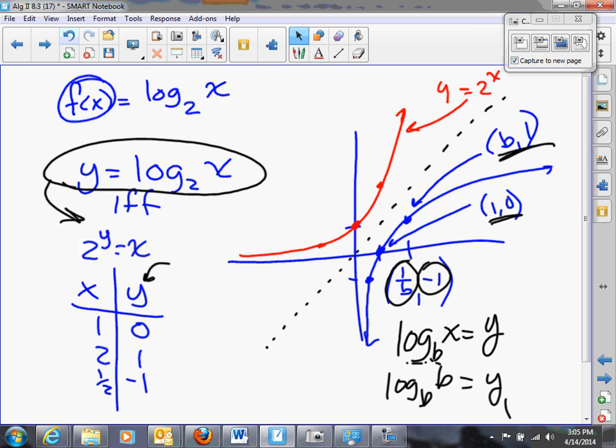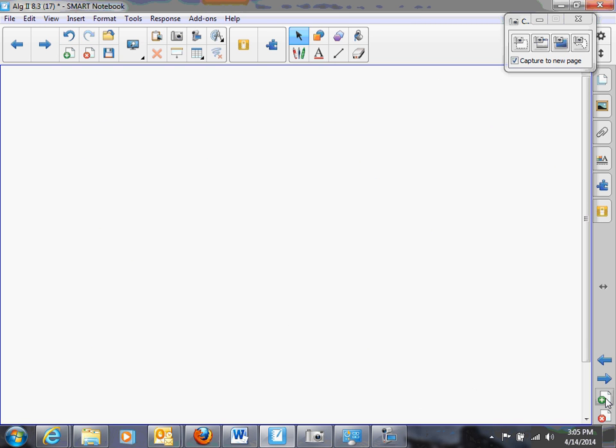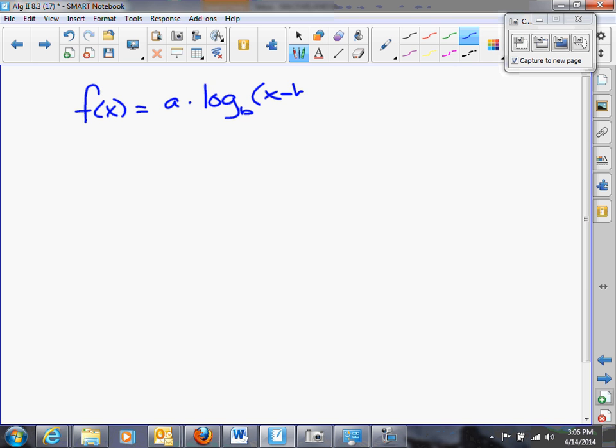Now, one more thing here. We are now going to make the log function a parent function. And so let's take a look at this. f(x) is equal to a times the log base b of (x minus h) plus k. Once again, this x minus h is a left-right shift.